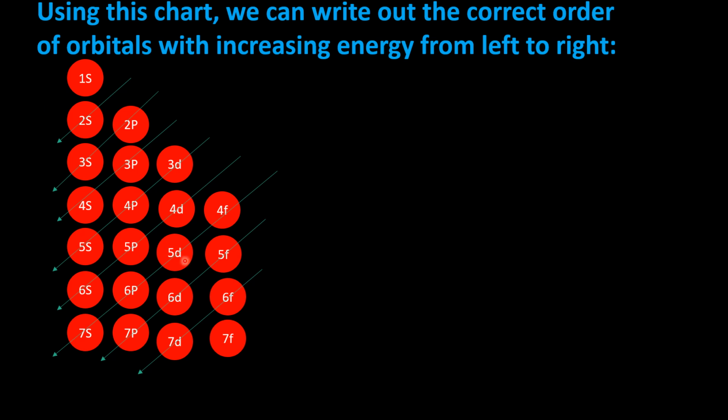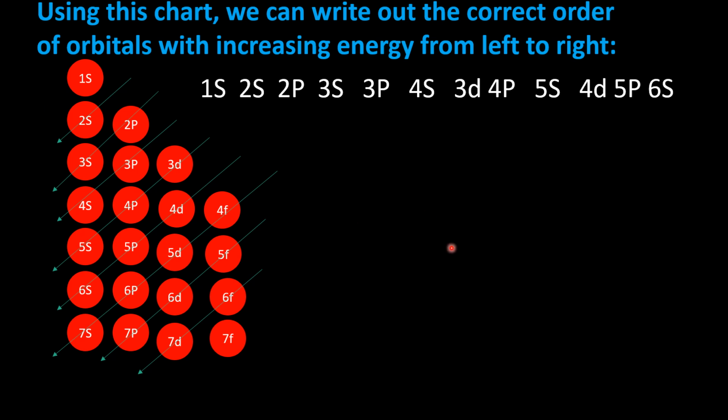So using this chart we can write the electronic configuration like 1s, 2s, 2p, 3s, 3p, 4s, 3d, 4p, and then 5s. After 5s we have 4d, 5p, and 6s. So in this way we can follow the filling of the electrons by using this chart, and you can write the electronic configuration easily.